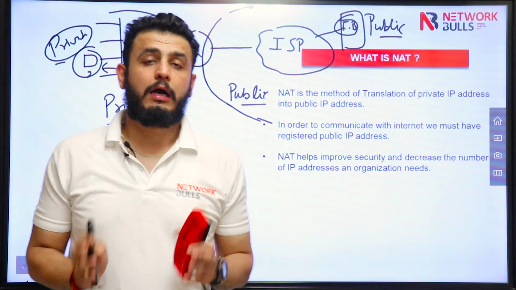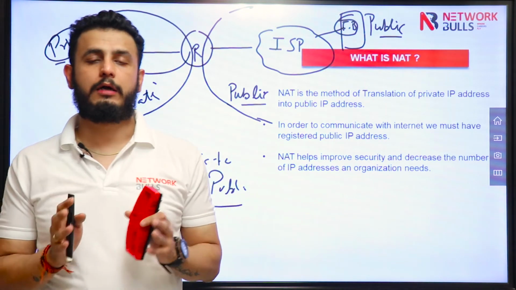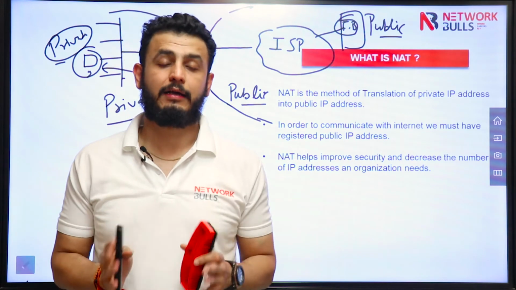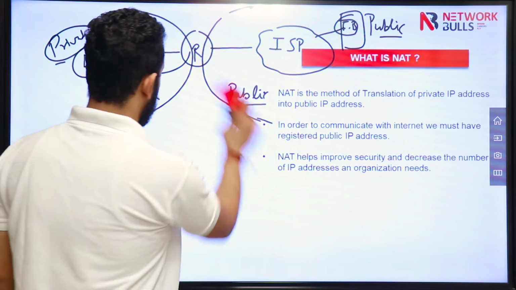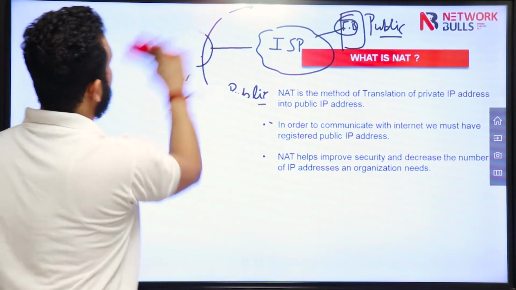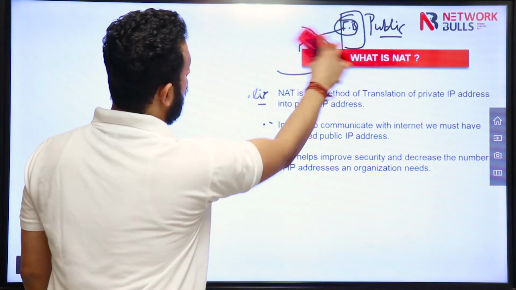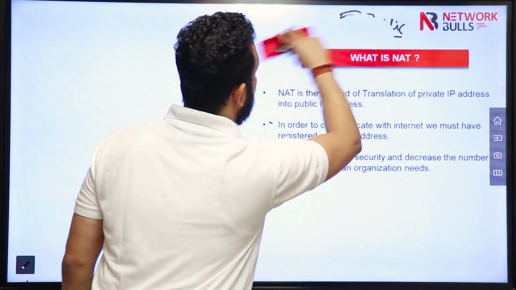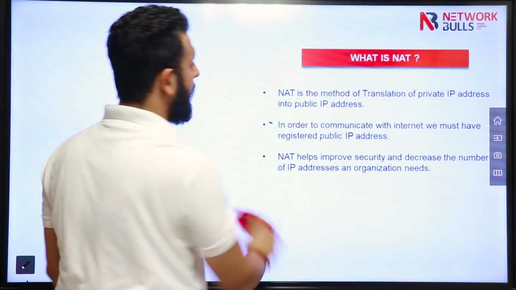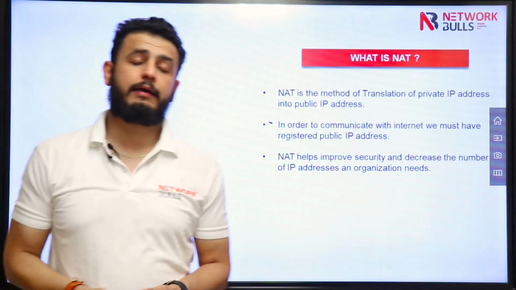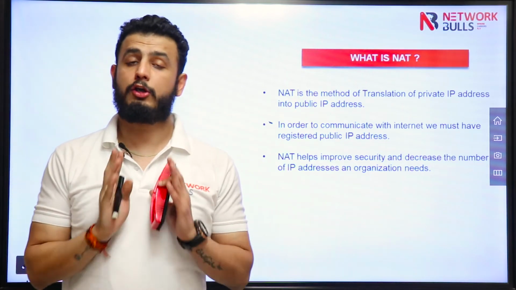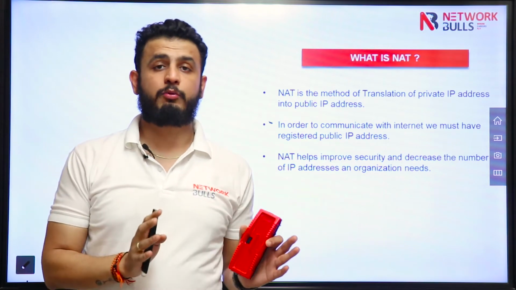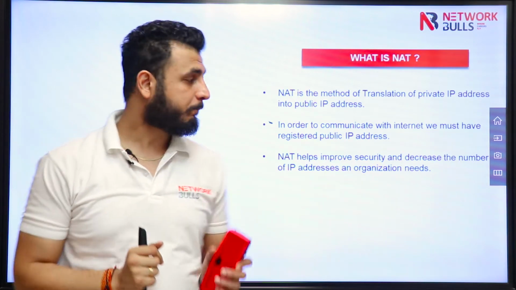This whole idea is known as NAT, Network Address Translation. So keep one thing in mind for now: whenever you want to access the internet, you need a public address. Without a public address, you cannot access the internet. And second, only one communication is possible, that is public to public, not private to public. That's why we require NAT.